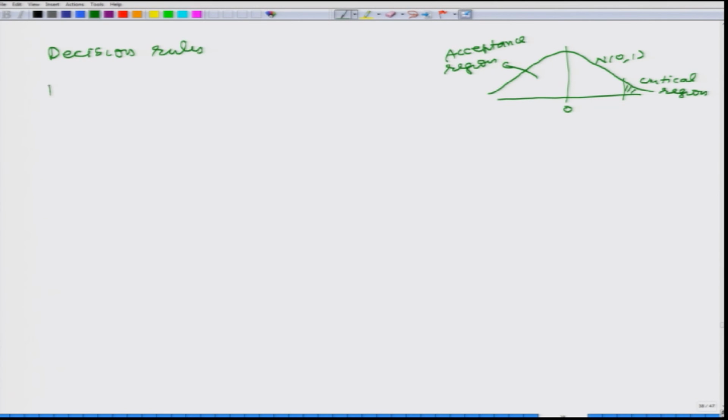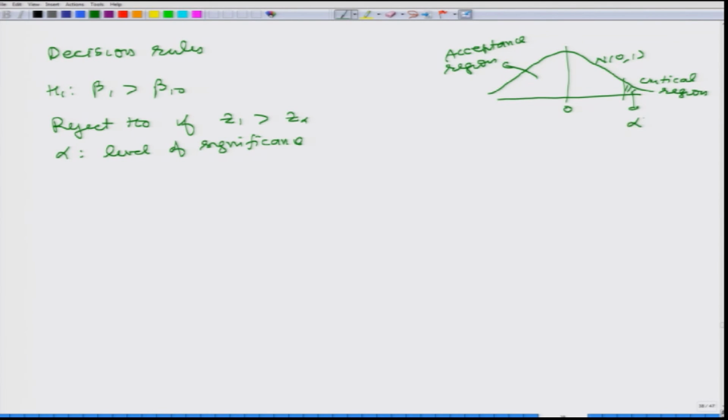Suppose my alternative hypothesis is beta 1 greater than beta 1 naught. In this case, the rule is to reject H naught if Z1 is greater than Z alpha, where alpha is the level of significance. This region here is alpha, and this region here is 1 minus alpha.